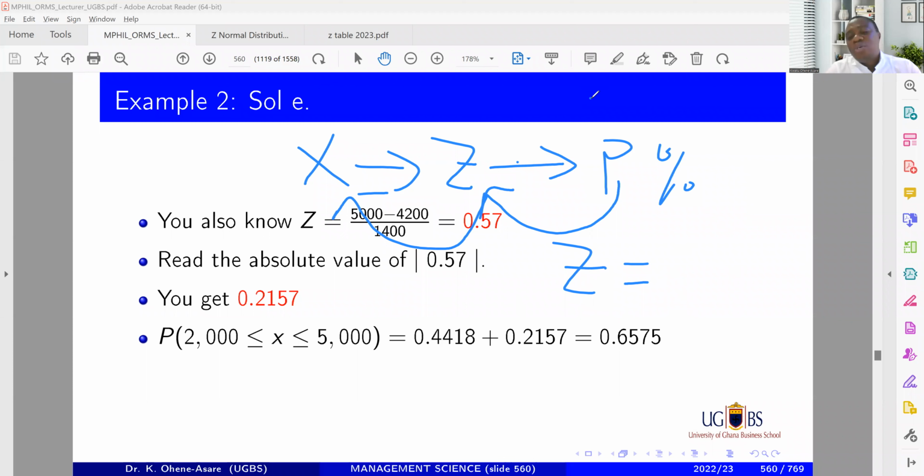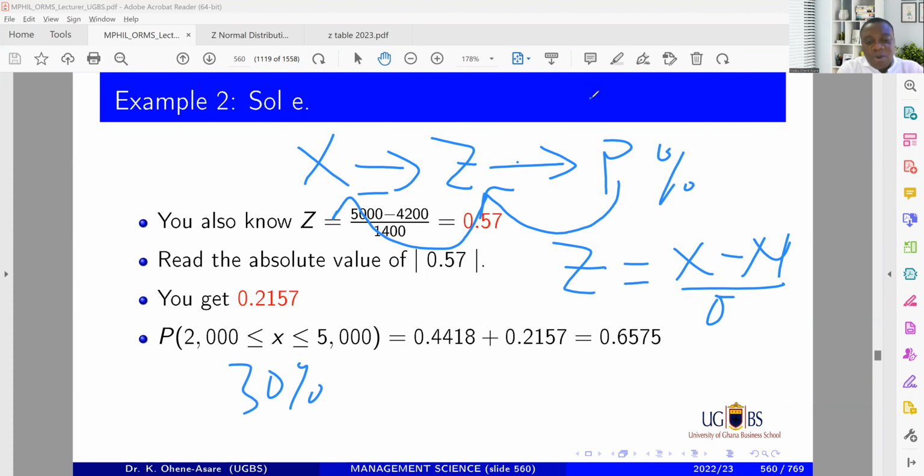You can use that percentage value to get a Z on the table, and then use this formula to arrive finally at the X. What I mean is that suppose I give you a percentage value, say 30%. Of course, I would have to explain what that 30% means. That 30% is a probability.